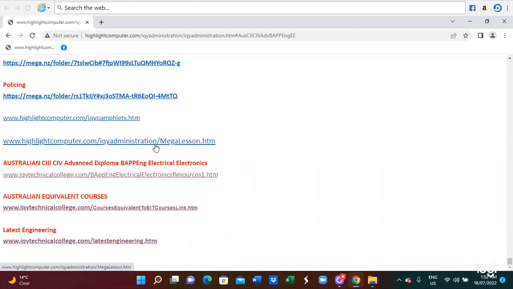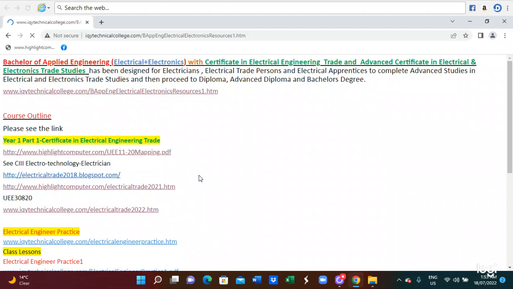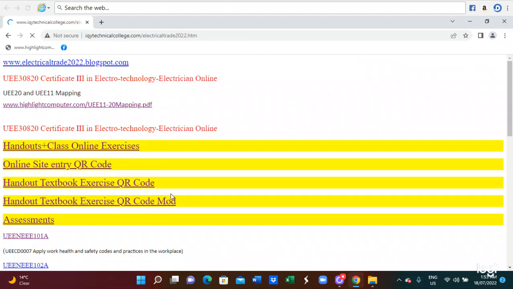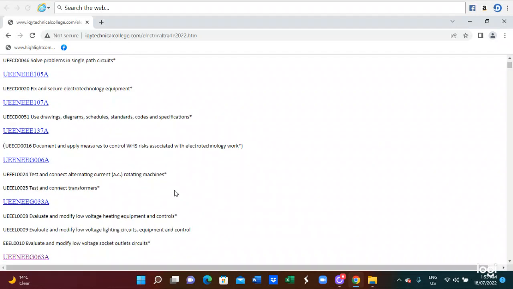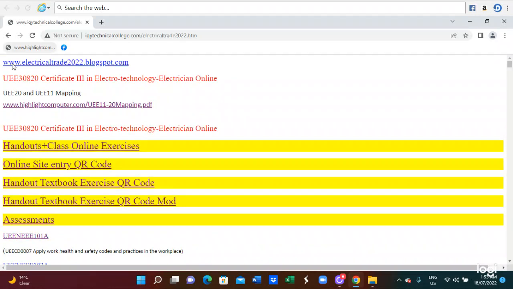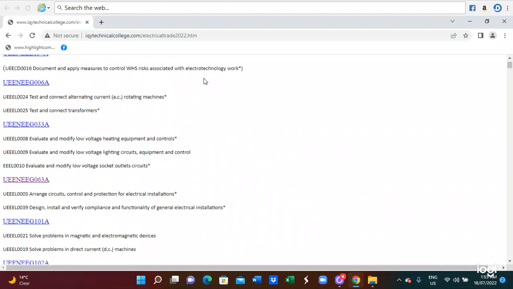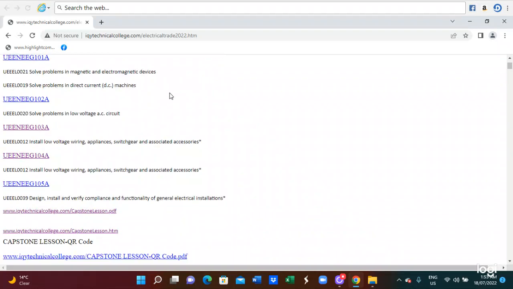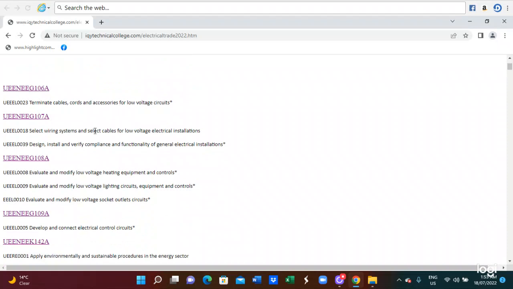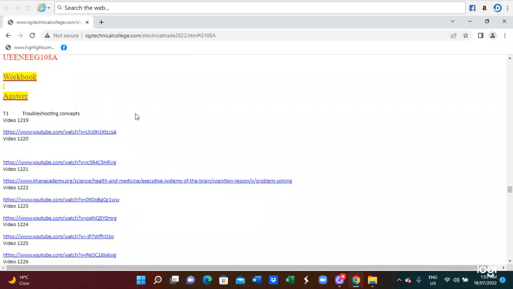So this is for the electrical trades, electrical trade 2022.htm. Then you go down and then you find the G108. So G108, click this one. Then read the workbook. So workbooks are exercises. Read the workbook and do the exercise. And here the answers are provided. So this is the workbook exercise answer.